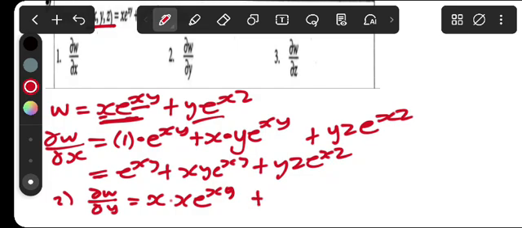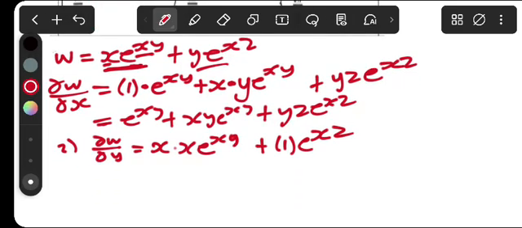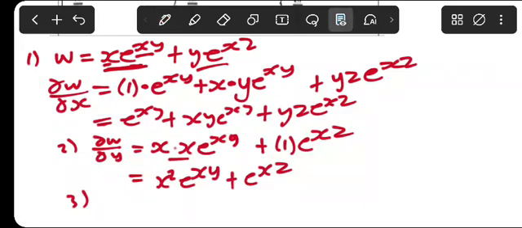Then we come here, we have plus. Here y will simply equal 1. Remember, it's only 1 there. The derivative of y is 1, and this is simply the same as a constant, that is e^(xz). So here we multiply these two, it will be x squared e^(xy) plus e^(xz).